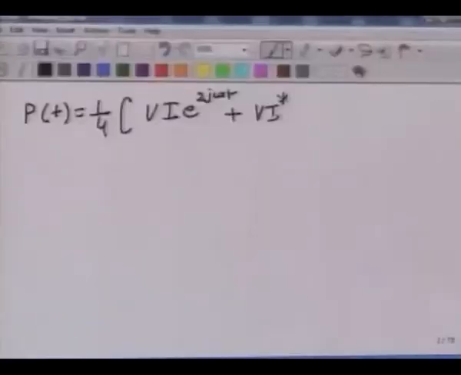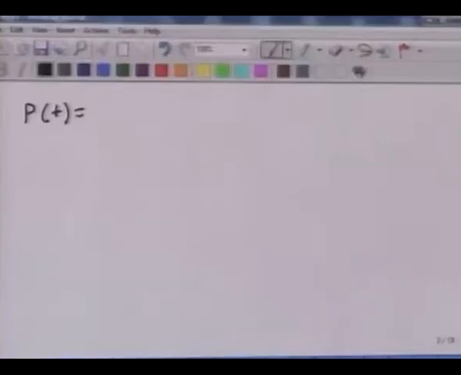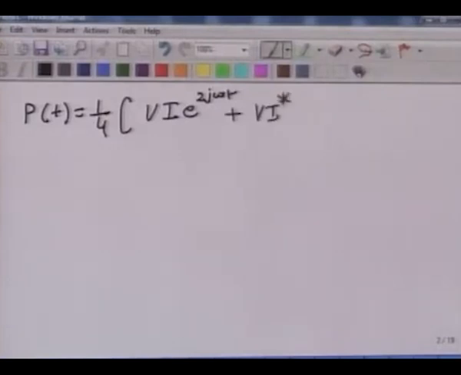Okay. So if I expand that relation, I get this long relation. It's 1/4 of V I e^(2j omega t) plus V I star plus V star I plus another component which has both stars, e^(minus 2j omega t).